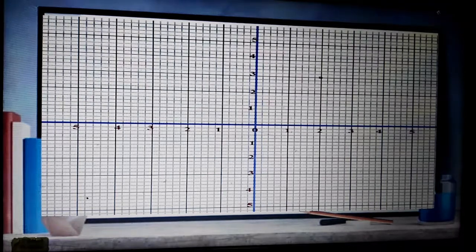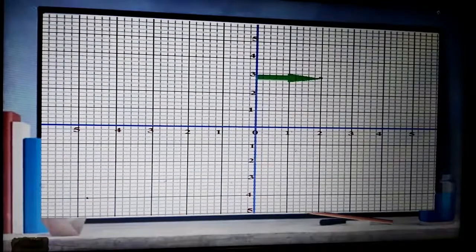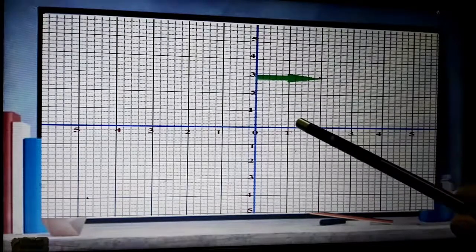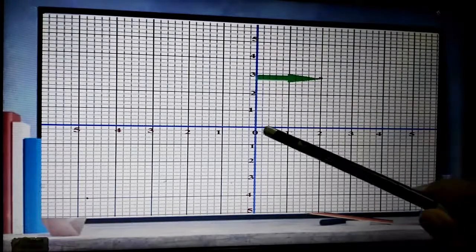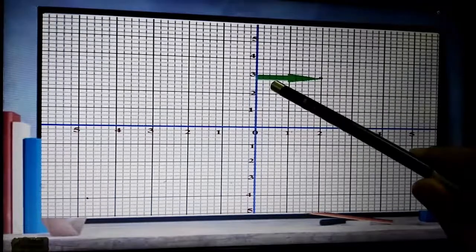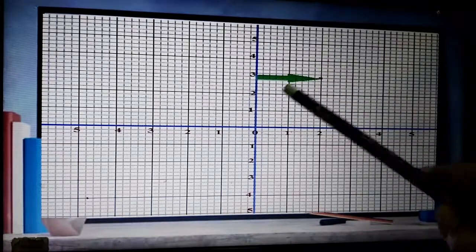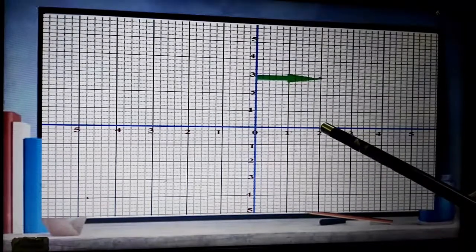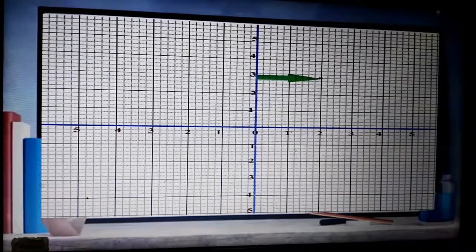So here, what is the distance on the x-axis? Here 1 unit and 2 units. So the point is 2 units away from the origin, basically the distance from the origin parallel to this.